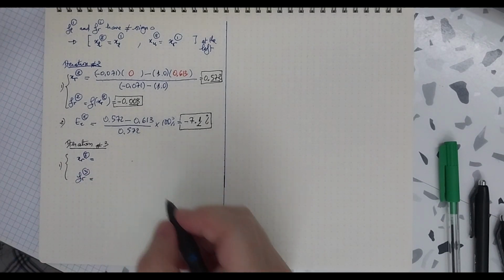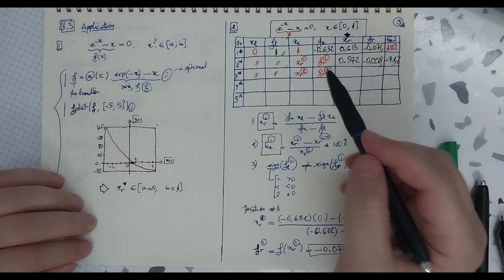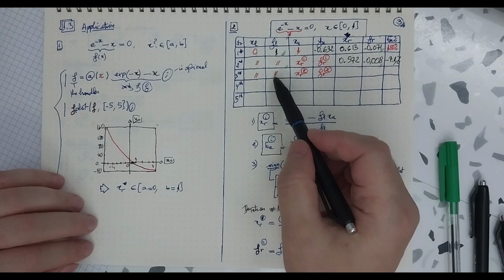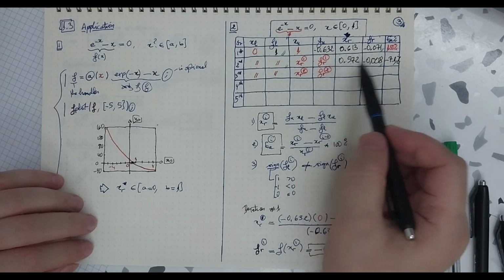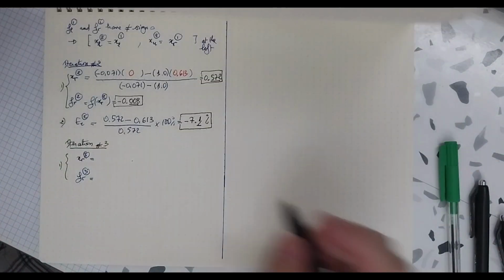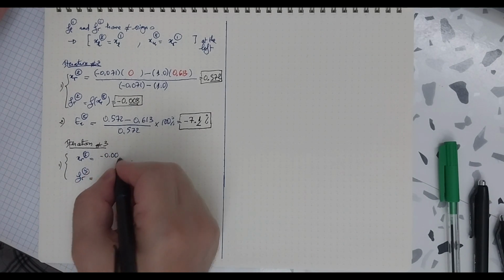We apply the formula of Abou Kamel, with FU and FL, FU minus FL in the numerator and denominator. The value of FL is not minus 0.632, it's the previous value, minus 0.08. So I write minus 0.08.